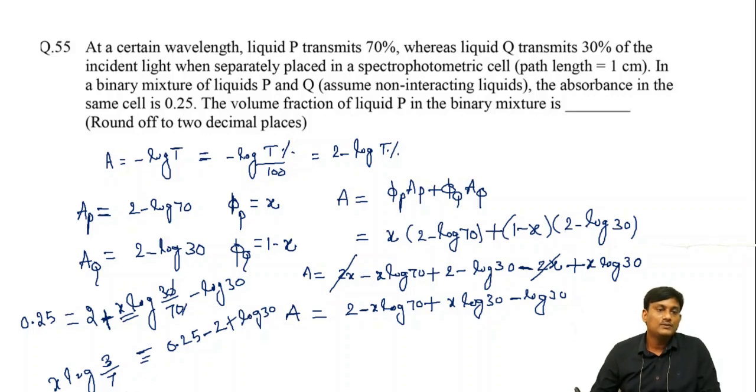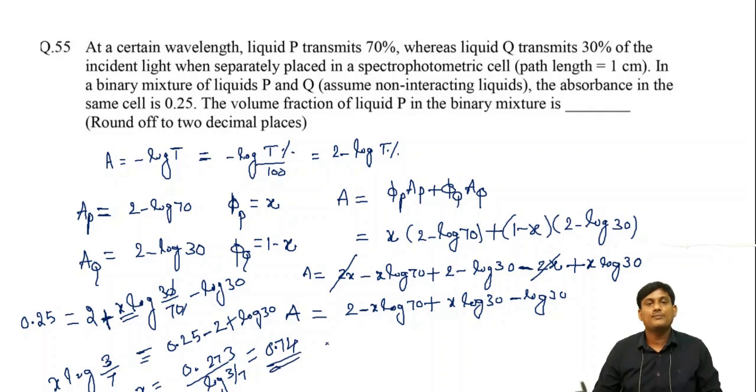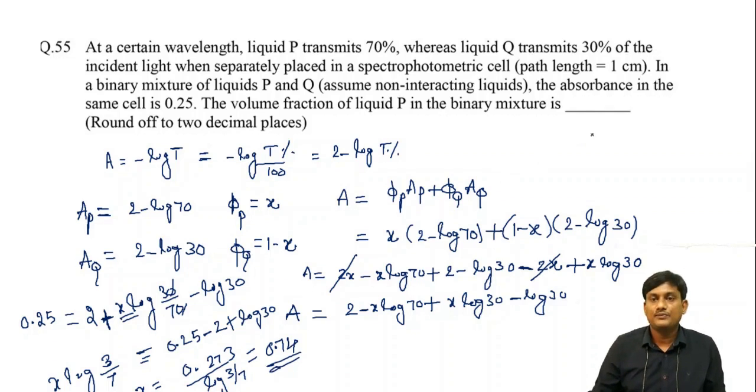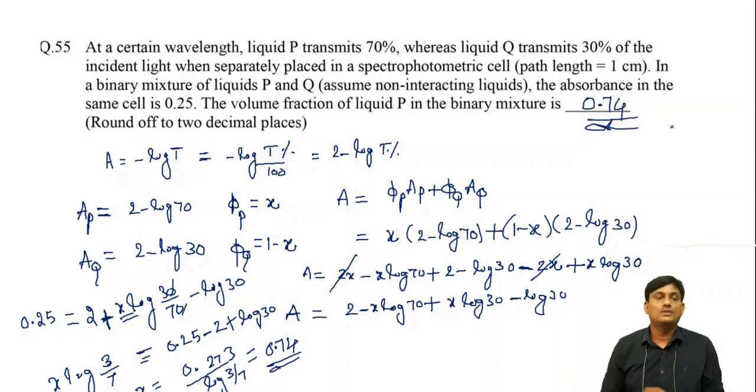So finally x is equal to 0.273 divided by log 3 by 7, and you will get 0.74. So what is the answer? The answer is 0.74.